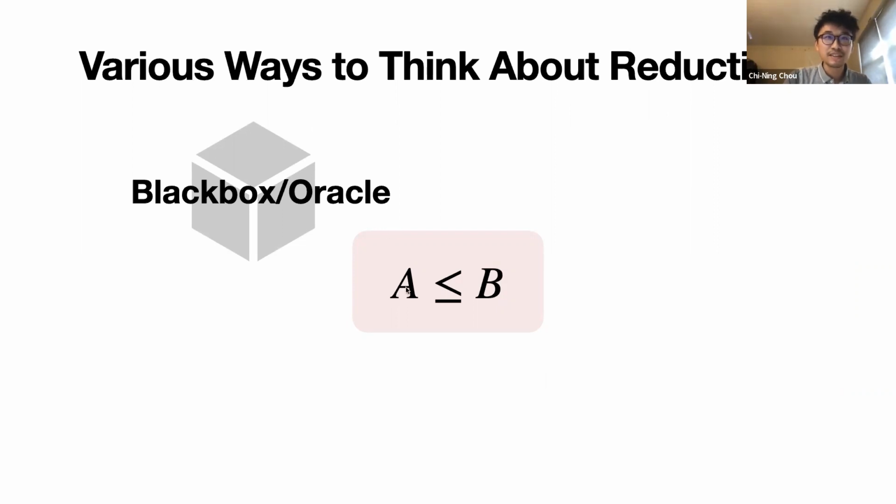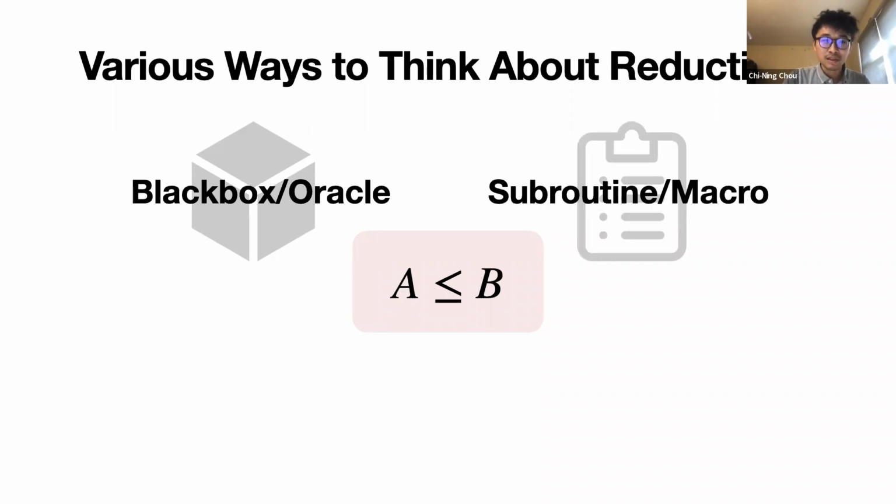You can think of B as a black box that A can use. Like in the previous example, a kid can use the parents as a black box and keep querying it, asking questions. Similarly, you can also think of B as a subroutine or a macro. If you do programming, this might ring some bells. You can use lots of macros and subroutines, and collaboratively they might help you solve your original problem.